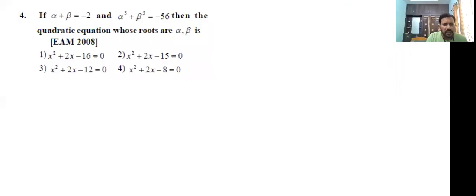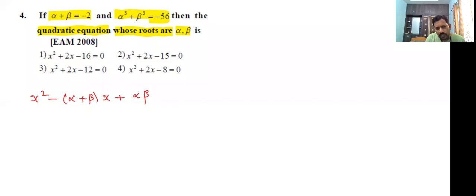Here given alpha plus beta is equal to minus 2 and alpha cube plus beta cube is equal to minus 56. Then find the quadratic equation whose roots are alpha, beta. Alpha, beta are the roots means how to form the quadratic equation? X square minus sum of the roots into x plus product of the roots is equal to 0.